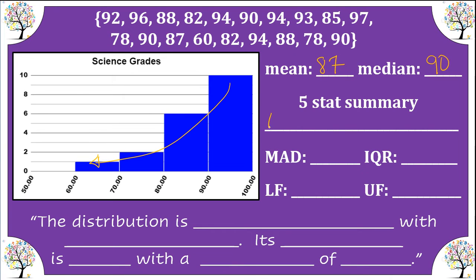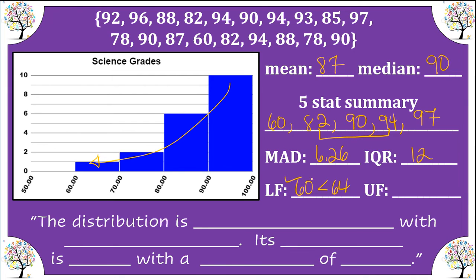Our 5-stat summary, the minimum was 60, Q1 82, Q2 90, Q3 a 94, and our maximum score in science is a 97. The IQR is going to be the difference between Q3 and Q1. That's a difference of 12. The MAD is 6.26.